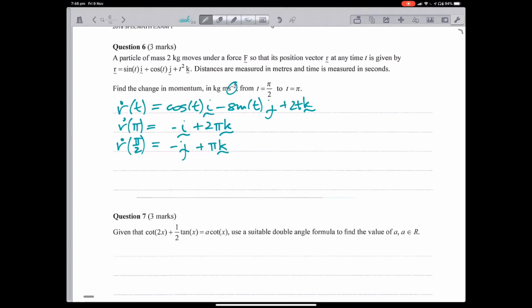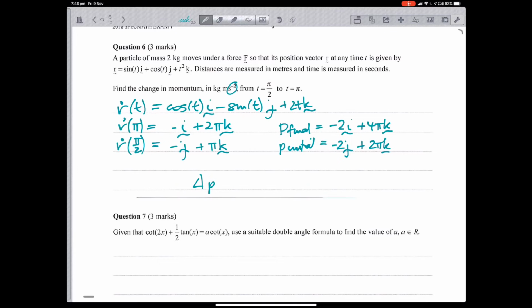Okay, so our change in momentum: our p final is 2 times that, so -2i plus 4 pi k, and our p initial is -2j plus 2 pi k.